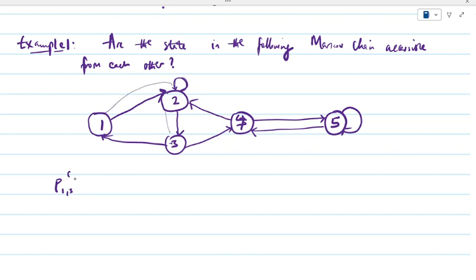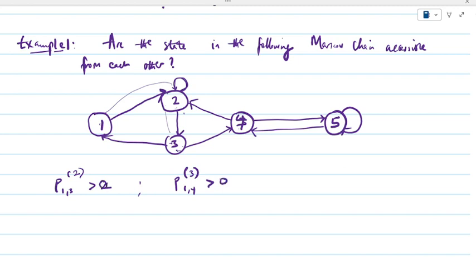It is just over 2 steps. Before you can move from 1 to 3, you first move from 1 to 2, then from 2 to 3. If you check another case, for example moving from 1 to 4: from 1 you move to 2, from 2 to 3, from 3 to 4. So that's over 3 steps.